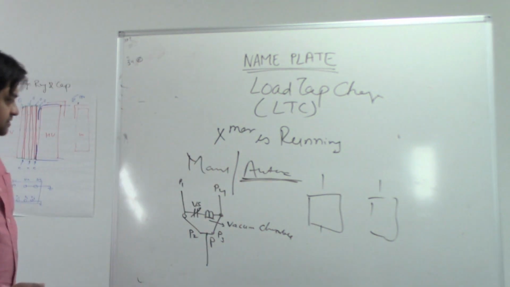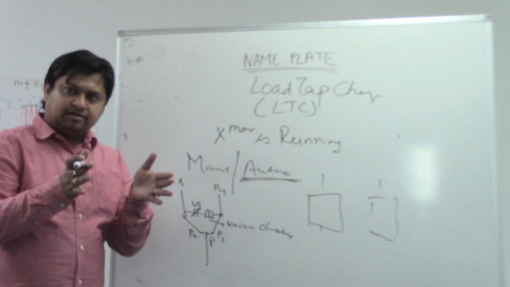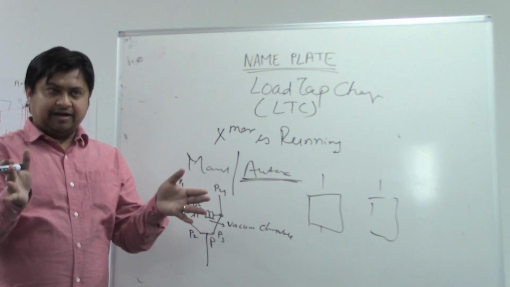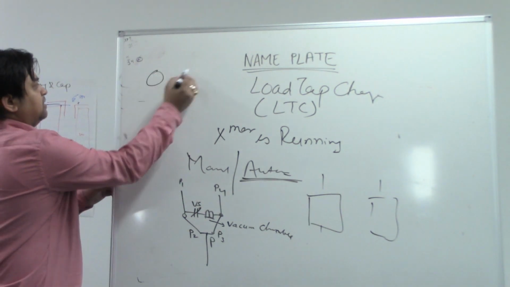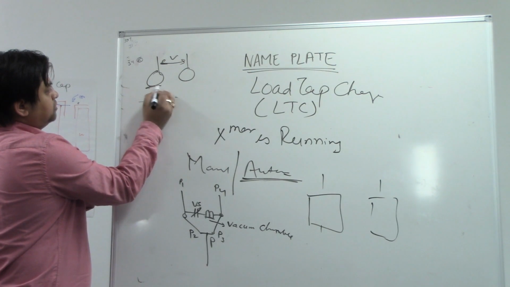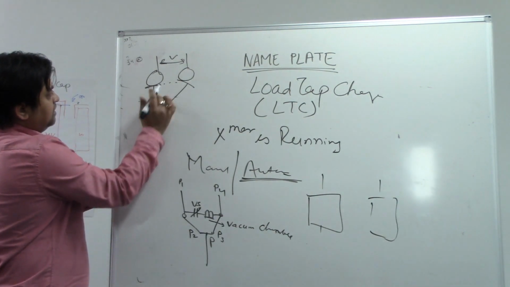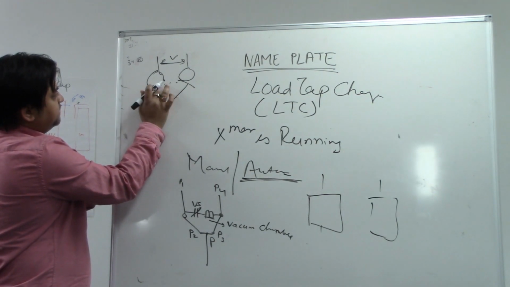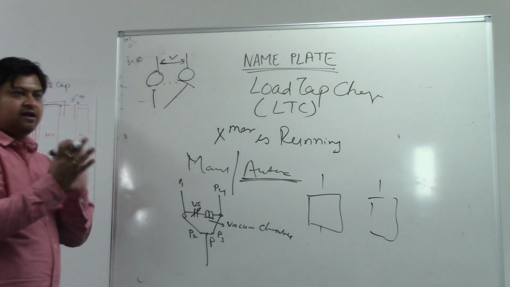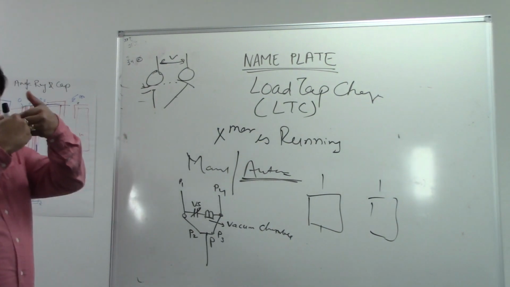So what happens? We know that when the transformer is loaded, there is a voltage continuously going across, right? And as I told, if you have a voltage across the two, and if you want to change from this location to this location, as soon as it breaks the contact from here, a heavy voltage develops across this, because it now breaks the circuit.